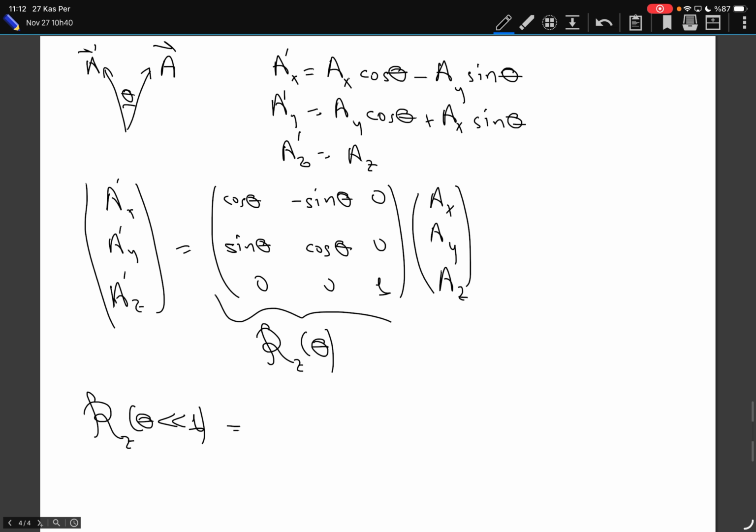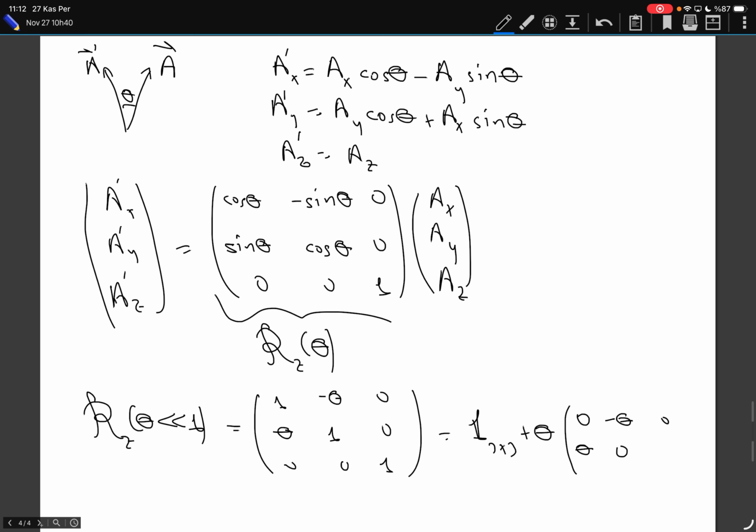For that very small angle, my matrix will be the 3 by 3 identity plus theta times the matrix with 0, minus 1, 0 in the first row, 1, 0, 0 in the second row, and zeros in the third, plus higher order terms.